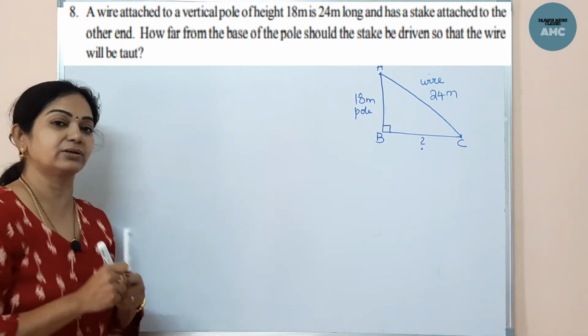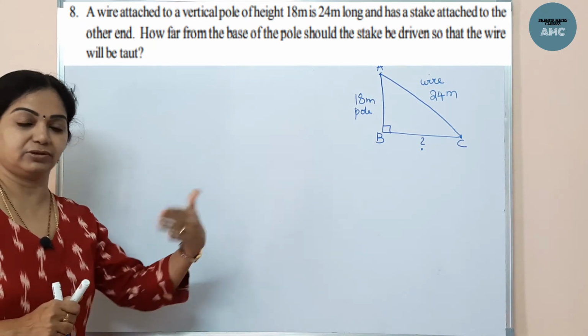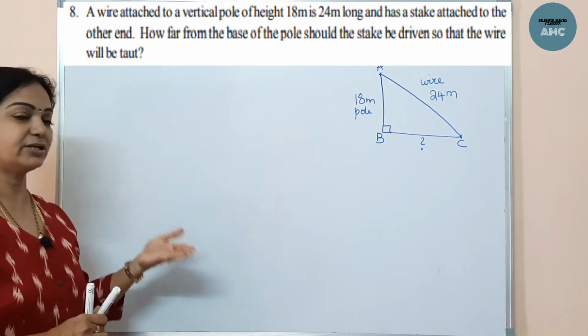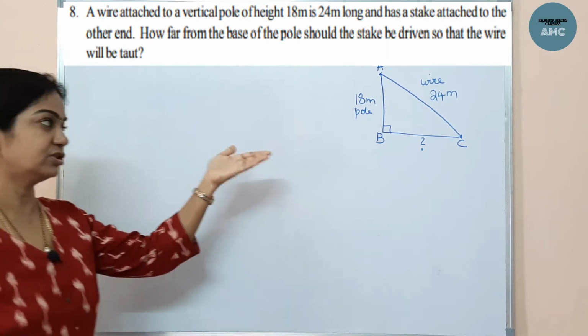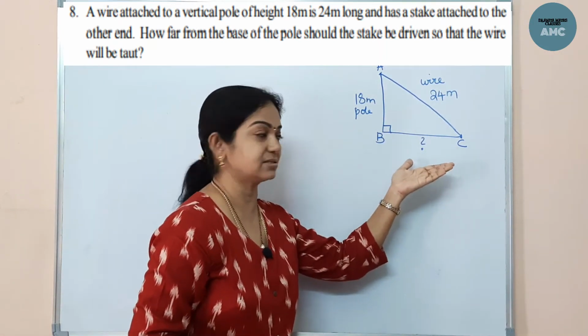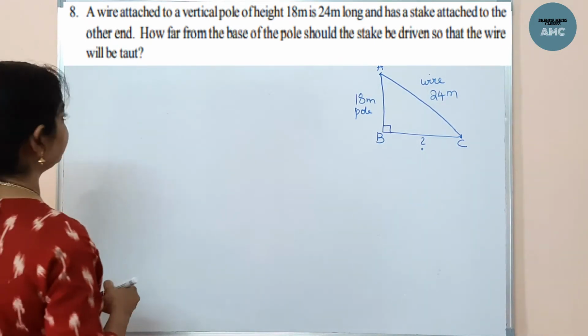Problems like these are also given in the application of trigonometry chapter, further ahead. There we can use trigonometric formulas and find the distances too. Now we are going to use the Pythagoras theorem here.